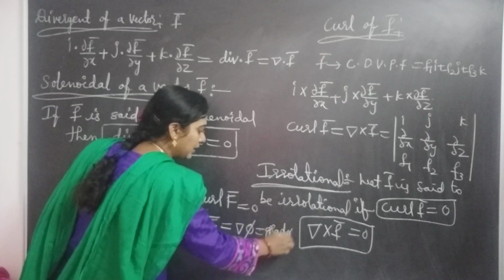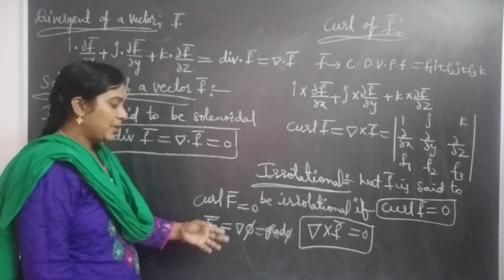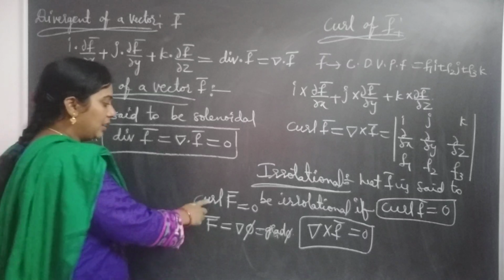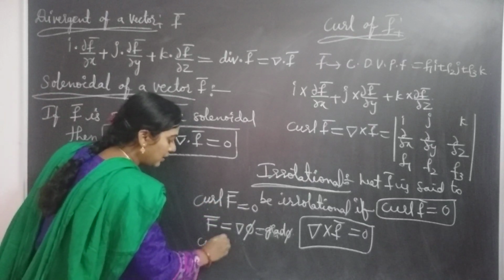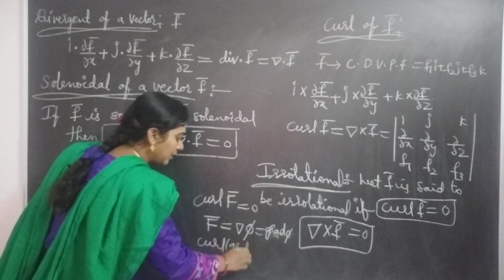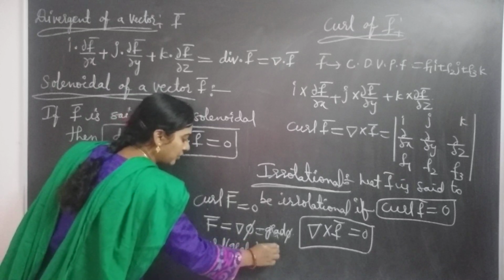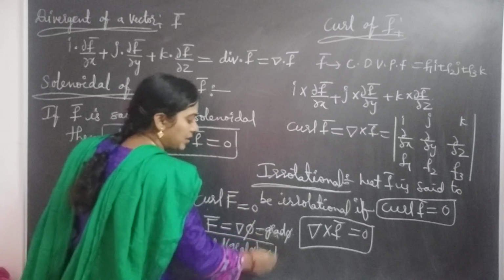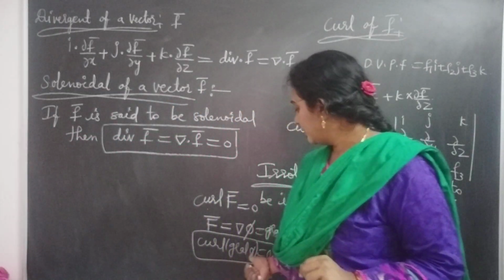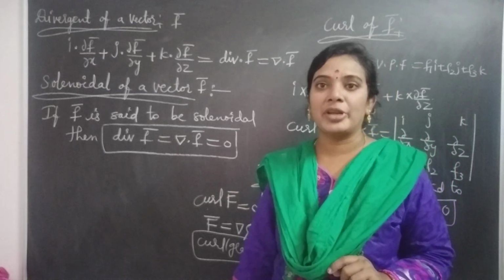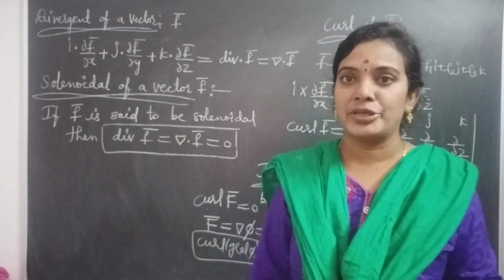Del pi is nothing but grad pi. When curl F bar is equal to 0, it means curl grad pi is equal to 0. If curl grad pi is equal to 0, then pi is a potential. This pi function is called a potential function in a particular region.